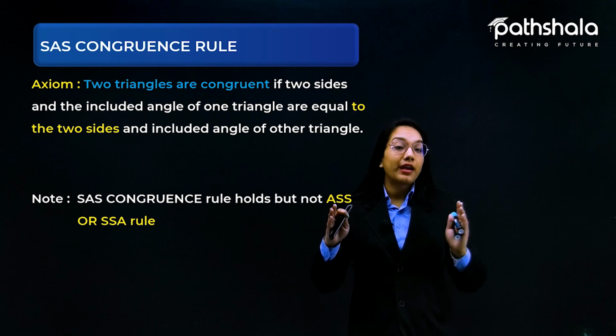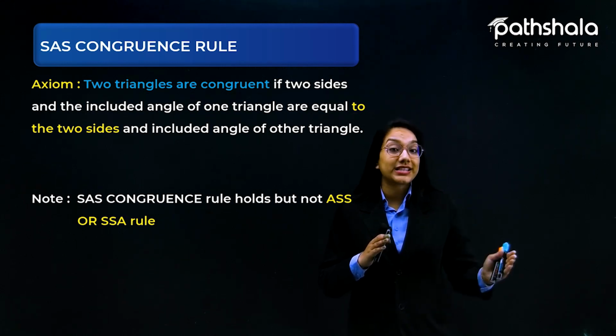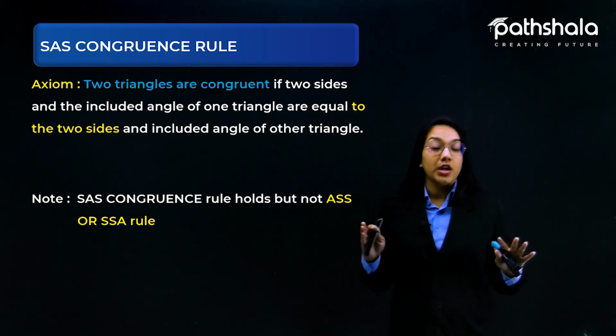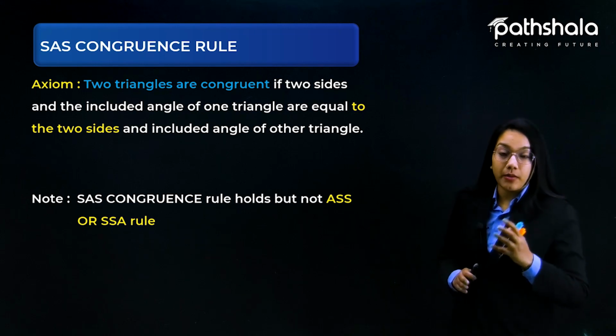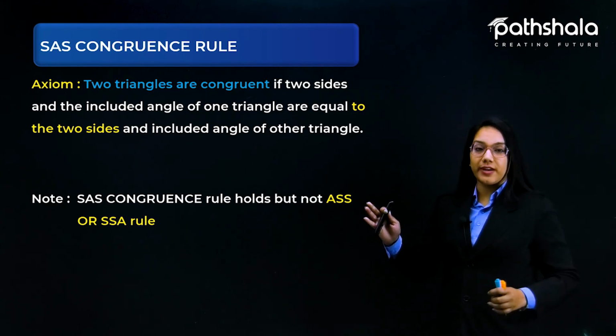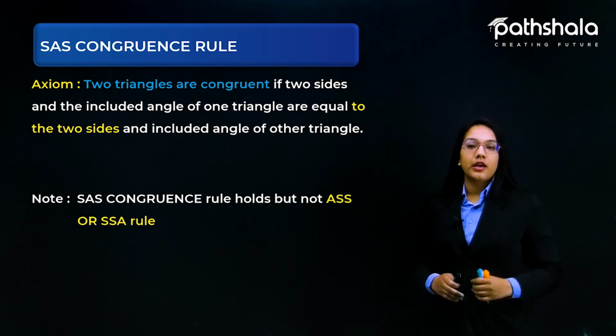So always remember, the SAS congruence rule holds, but not ASS or SSA. These are not rules; the only rule we are talking about here is the SAS congruence rule. This is a very special note related to the congruence rules.